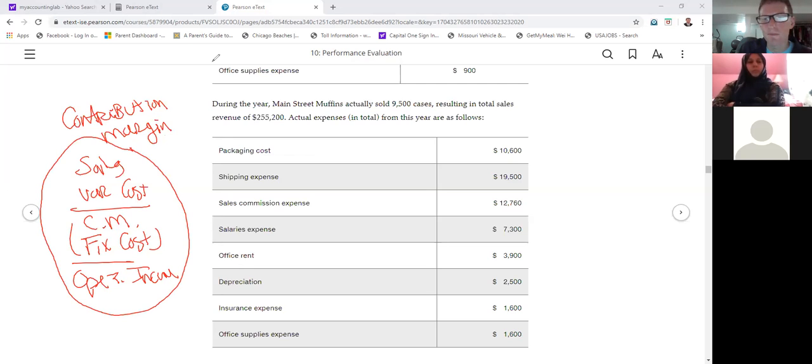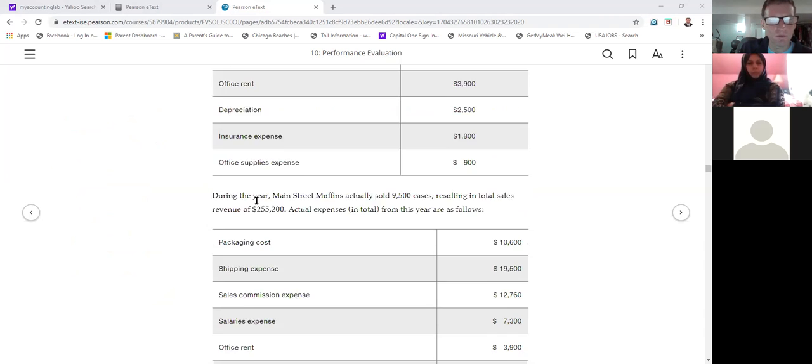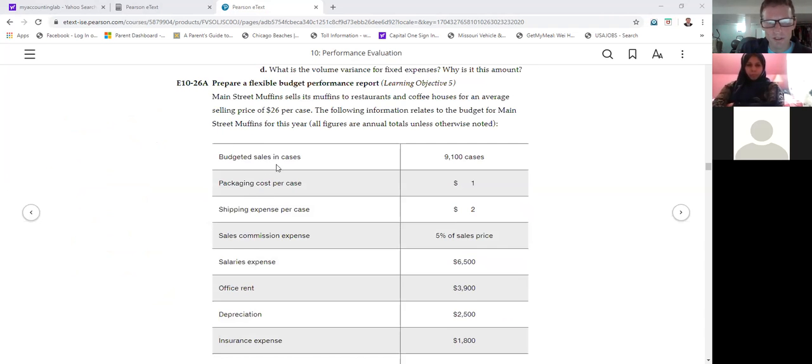And in this problem, you note they're expecting you to know what fixed costs are, how to recognize those, how to recognize variable costs. And so that's why I just did that when I showed you the budget. They didn't just say, here's your variable cost per unit. This chapter says, okay, here's your packing cost, but it states it as per case.